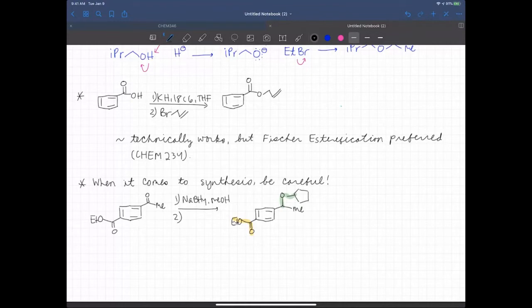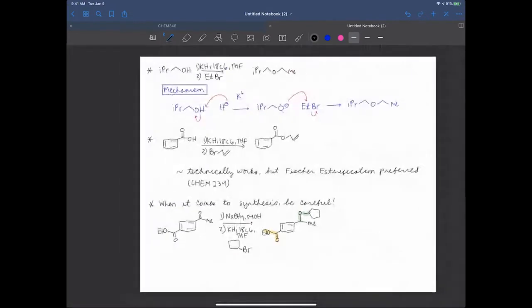And then second step, we are going to do a Williamson ether synthesis, which is potassium hydride and 18-crown-6 THF, and then bromocyclopentane, right? Or iodine, any good leaving group basically. You might see OTMS. That's fine as well.